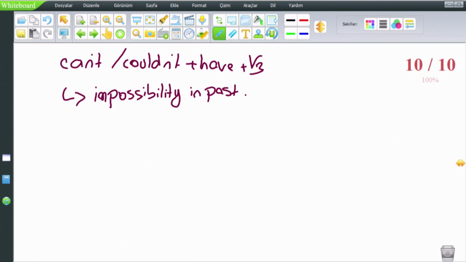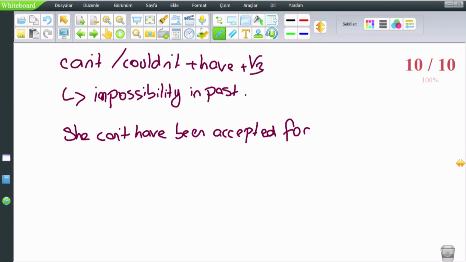For example, she can't have been accepted for the job.